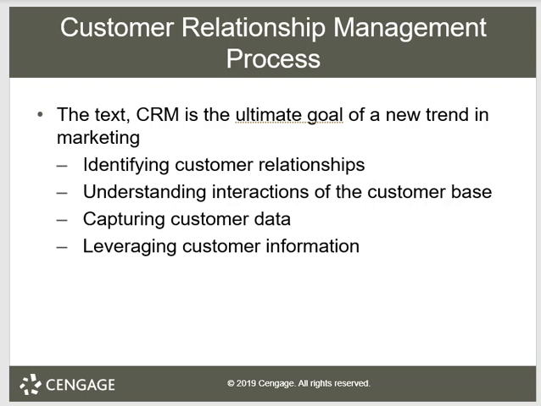So we've talked about CRM many times. CRM is the ultimate goal of the new trend in marketing: identify customer relationships, understanding interaction with the customer base, capturing customer data, leveraging customer information. A lot of times you have a CRM tool like HubSpot or salesforce.com. You input all this information, and that way you can keep track if your salesperson leaves of where you were at in the sales cycle.